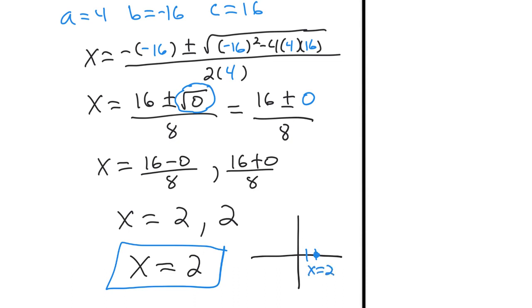And your parabola, since a is positive, is going to go up. Now, this is not an accurate parabola, just to give you a visual. The vertex of the parabola is at x equals 2 because it's only one real solution. Now, the parabola can also go down, and it can be on the x-axis at one point, but we know that it touches at x equals 2.